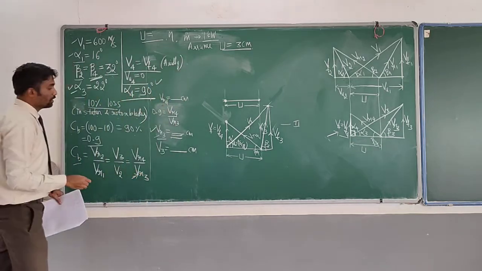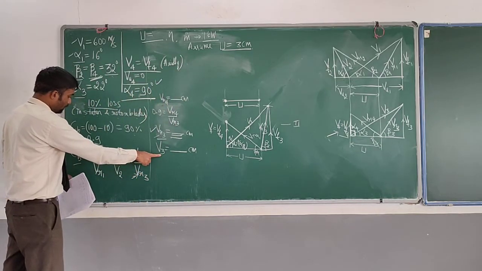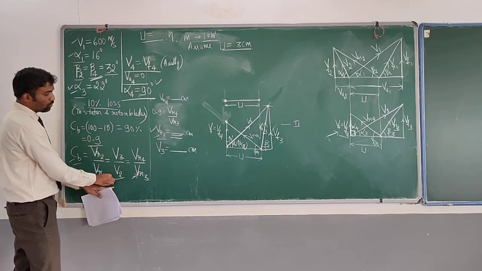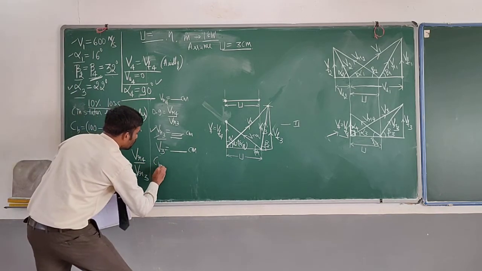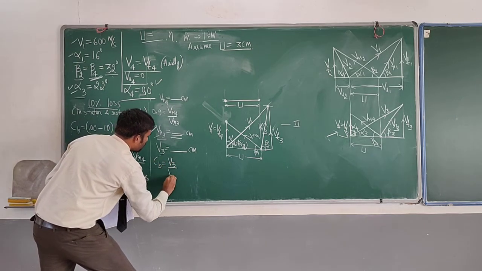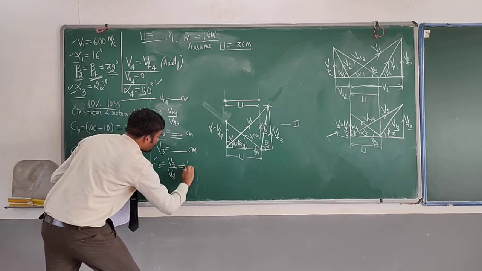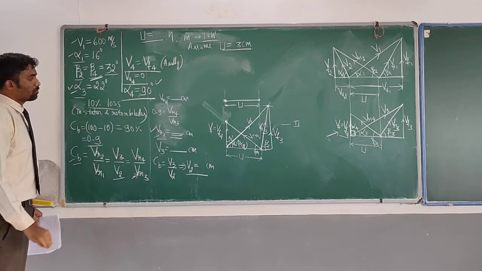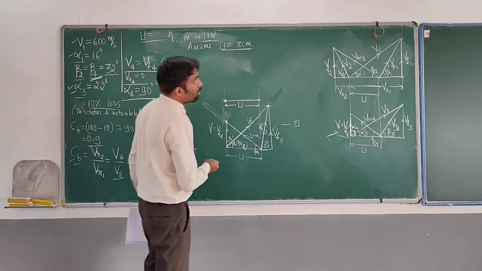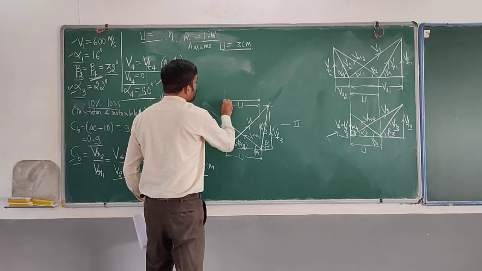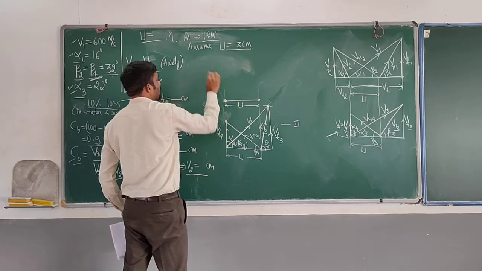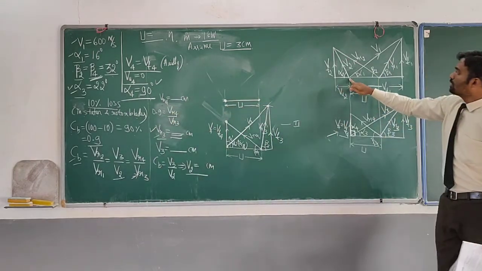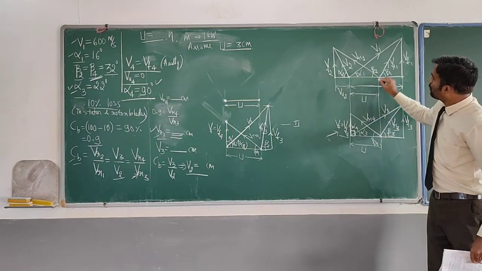We know the value V3, so we will again use this relation and find out V2. CV is equal to V3 by V2, which will give us V2 certain centimeters. Again, I know that V2 is towards this side and V1 is towards the right side.